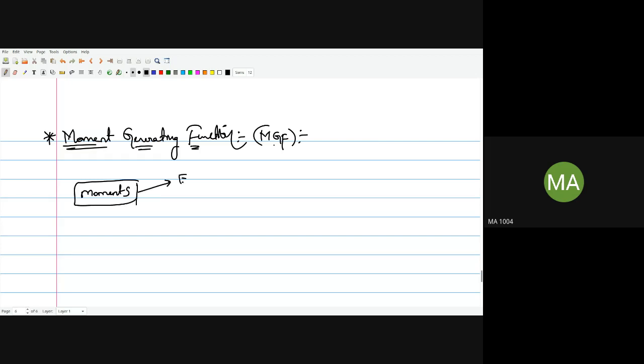So expected value of x, expected value of x square, expected value of x cube, and so on, expected value of x to the power n. These are called moments. And there is one more term called central moments.